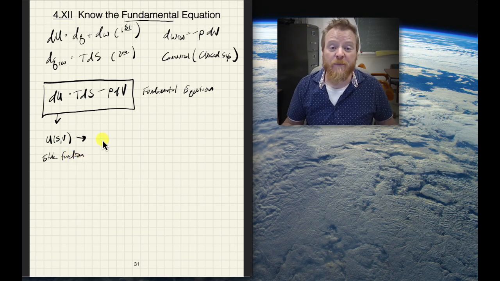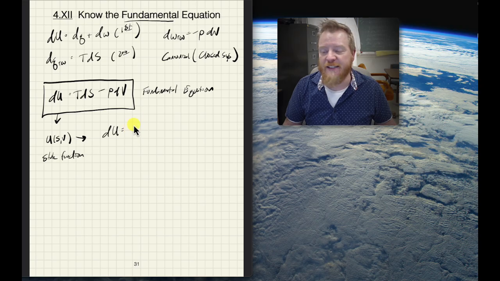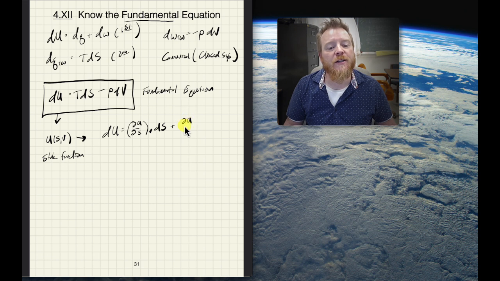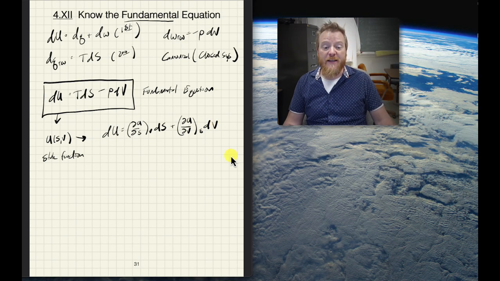We can play this game by looking at its full differential expression. So noting that U is a function of S and V, we will say that dU is the following: the partial of U with respect to the partial of S at constant V dS, plus the partial of U with respect to the partial of V at constant S dV.